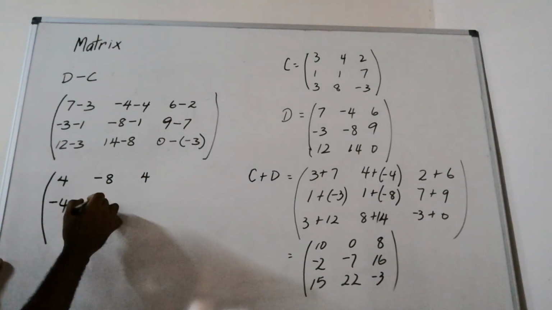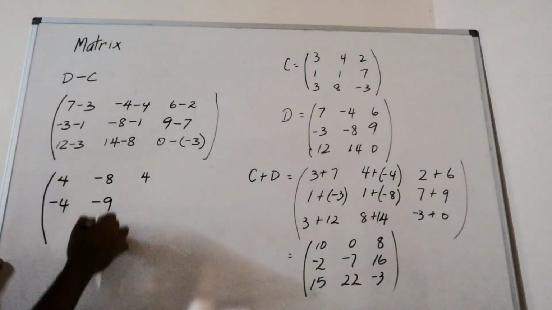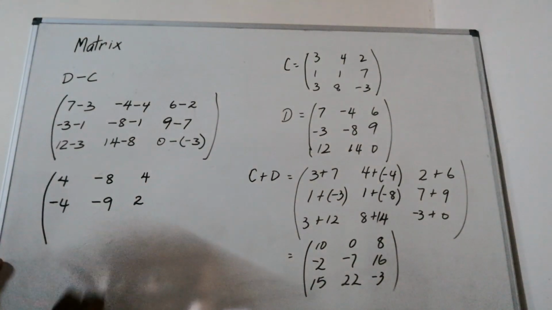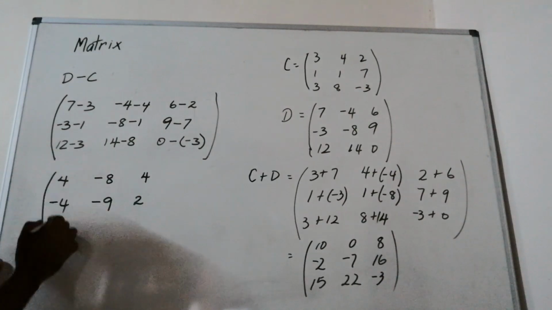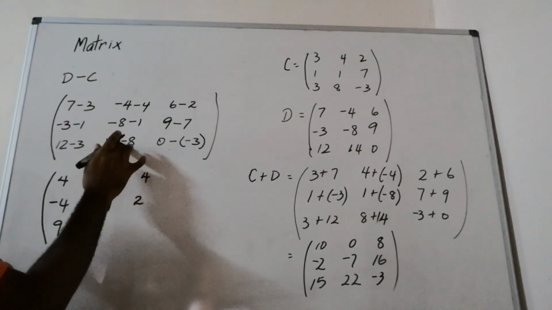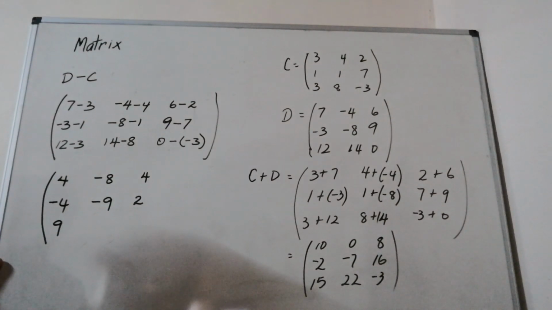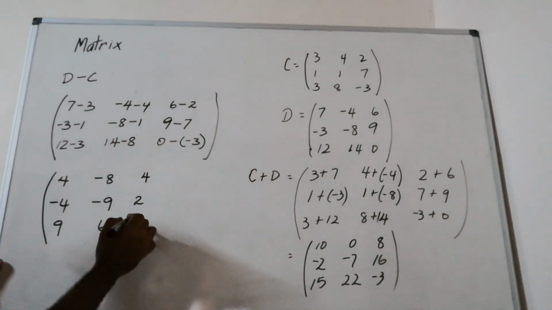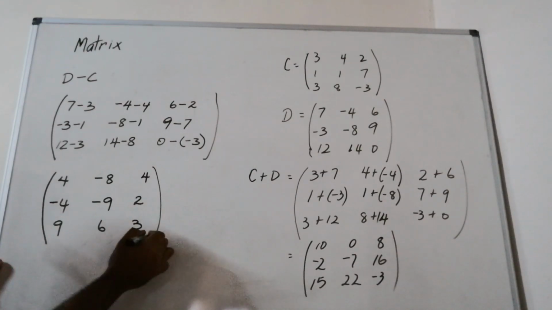Negative 8 take 1 will give us 9. 9 take 7 will give us 2. 12 take 3 will give us 9. 14 take 8 will give us 6. 0 take negative 3 will give us positive 3.